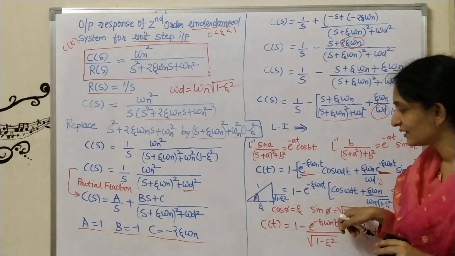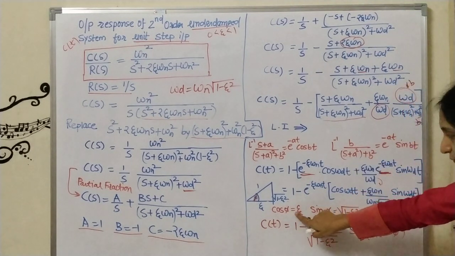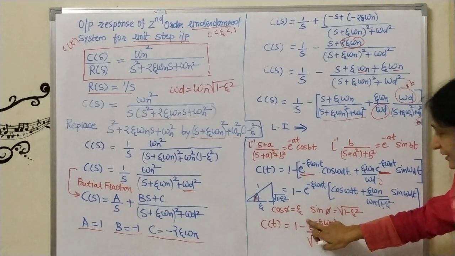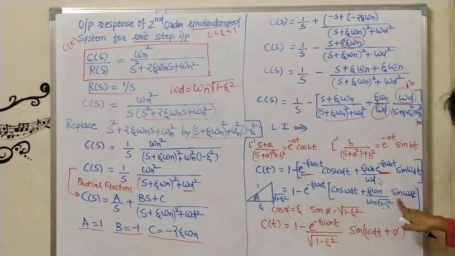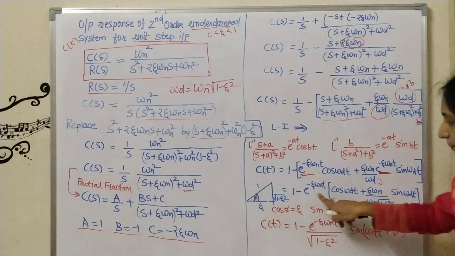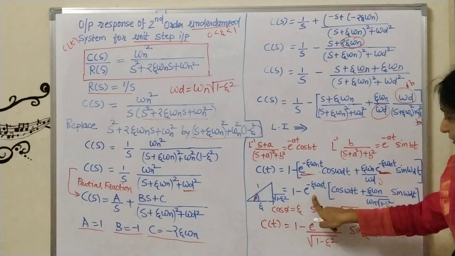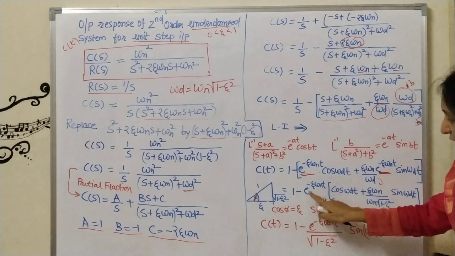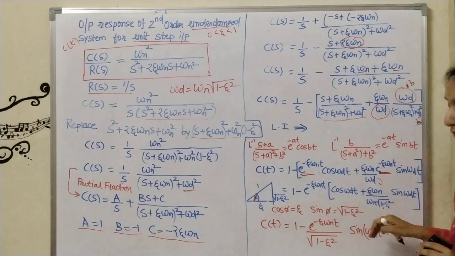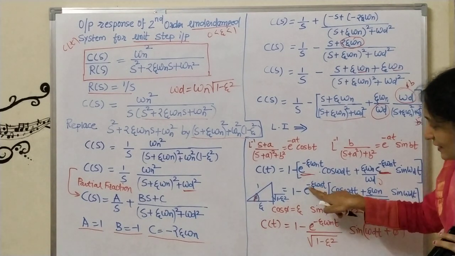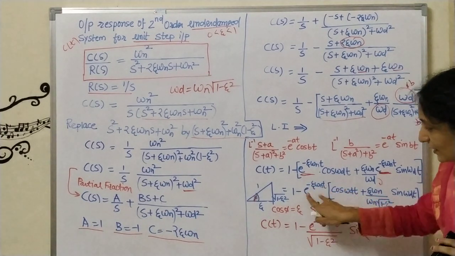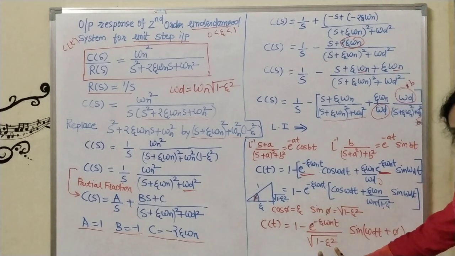So now I am replacing that term with this one. Look at this. Here I have directly written, but for taking this under root of 1 minus zeta square common, I have multiplied this term with under root of 1 minus zeta square. So see here, 1 minus e to the power minus zeta omega n t upon under root of 1 minus zeta square.